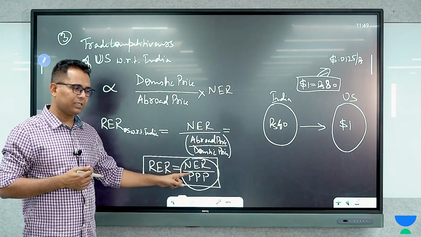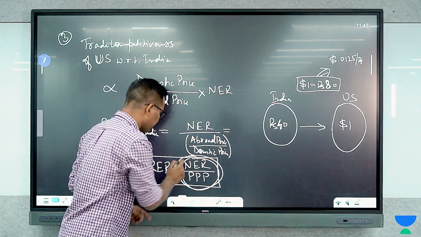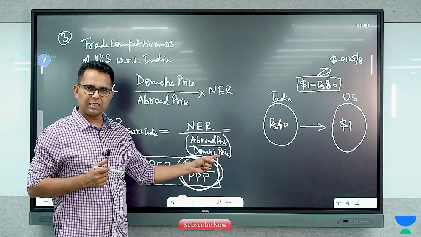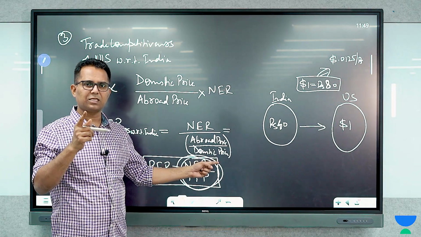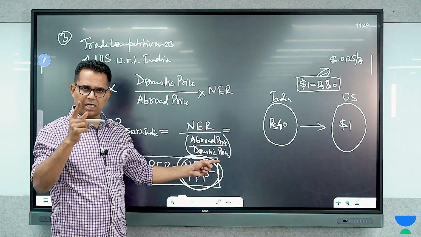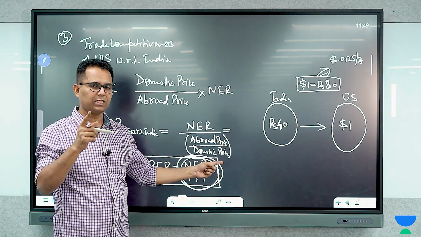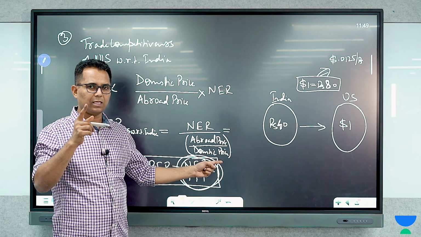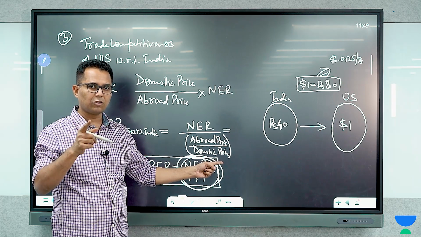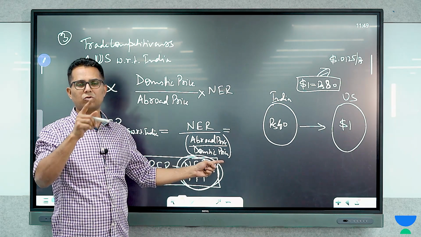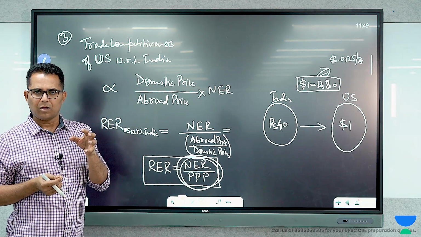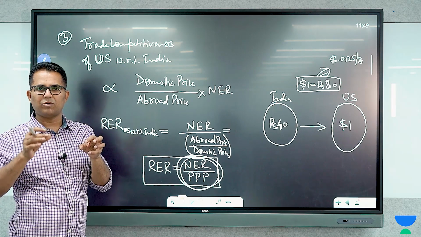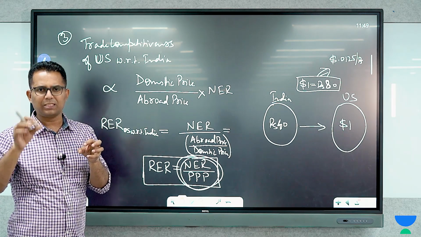If this number, meaning the real exchange rate, is increasing, you will say that India's real exchange rate is appreciating. And when India's real exchange rate appreciates, that means India's trade will become less competitive and US trade will become more competitive. Because trade competitiveness of any country is inversely proportional to its exchange rate.